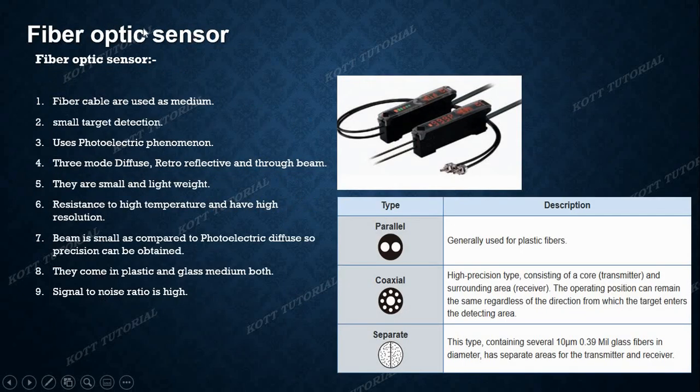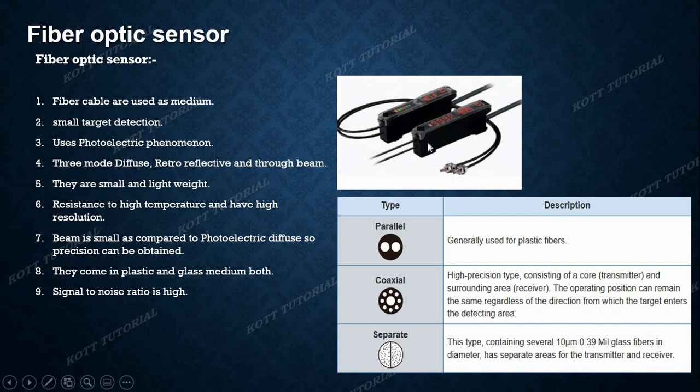Fiber optic sensor. See, in a fiber optic sensor, they use fiber optic as a medium, and the fiber optic sensor always comes with an amplifier. This fiber optic sensor is attached to the amplifier, and this amplifier is then connected to a power supply.